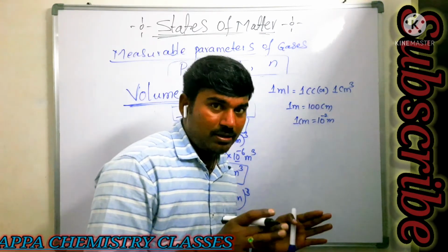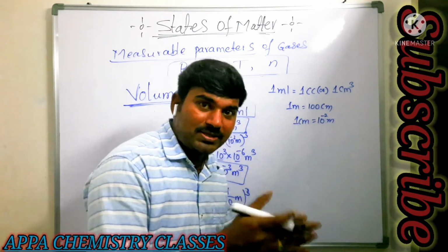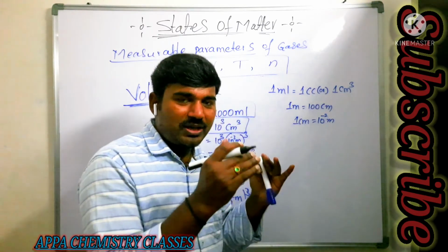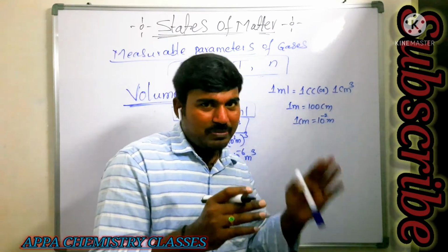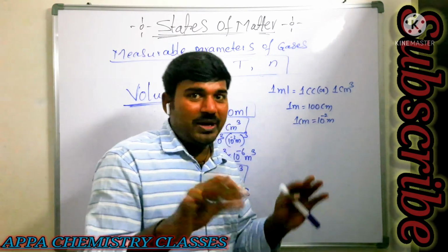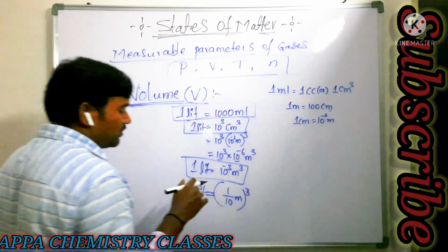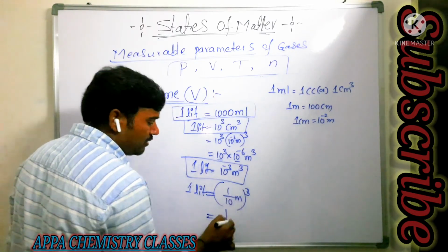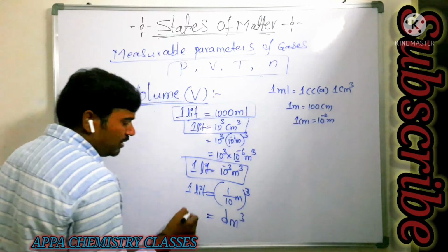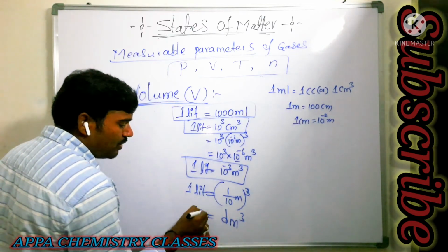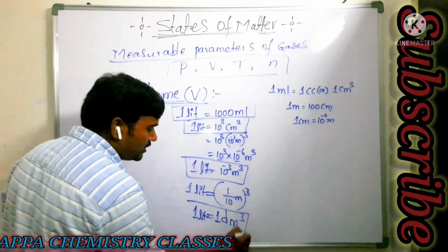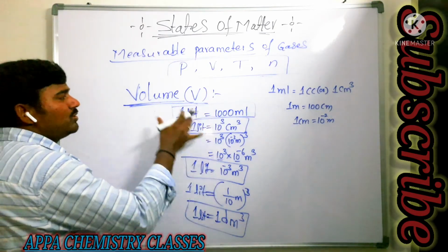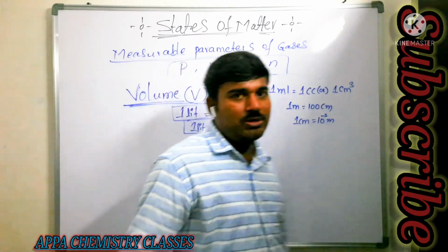So 1 by 10 meter is a decimeter, and meter cube becomes decimeter cube. So 1 liter is equal to 1 decimeter cube, which is very important. These are the different units we use for the conversion of volume terms.